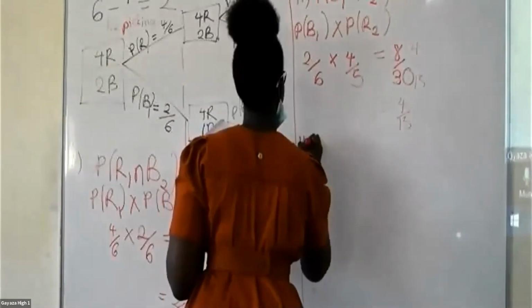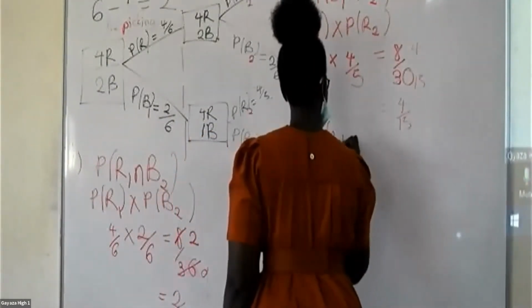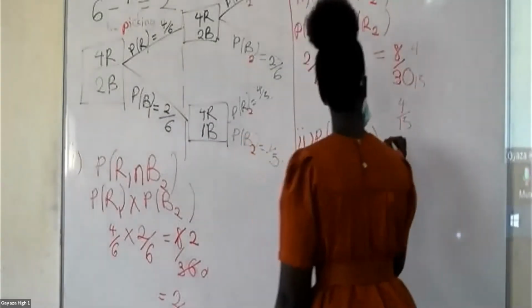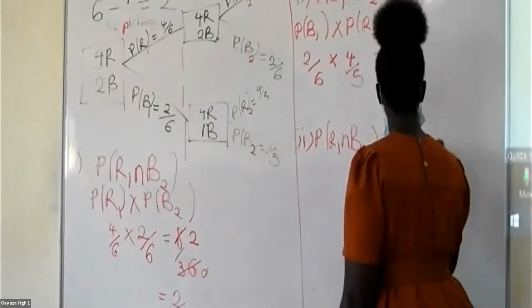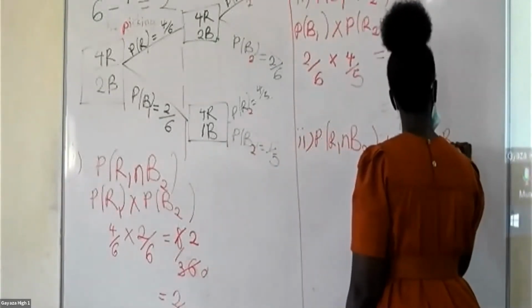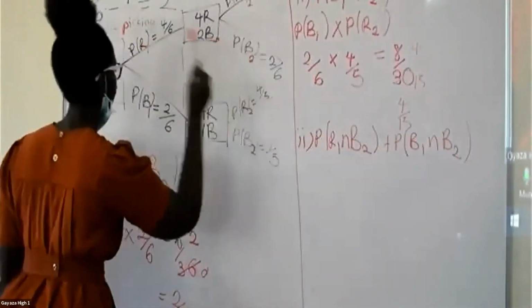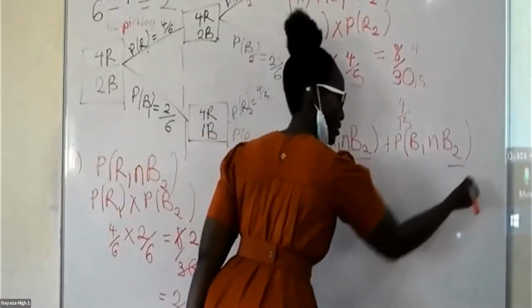So we'll say probability of red 1 intersection B2 plus probability of blue 1 intersection B2. As you see, red 1 and blue 2, blue 1 and blue 2, as long as the second ball is the blue one.